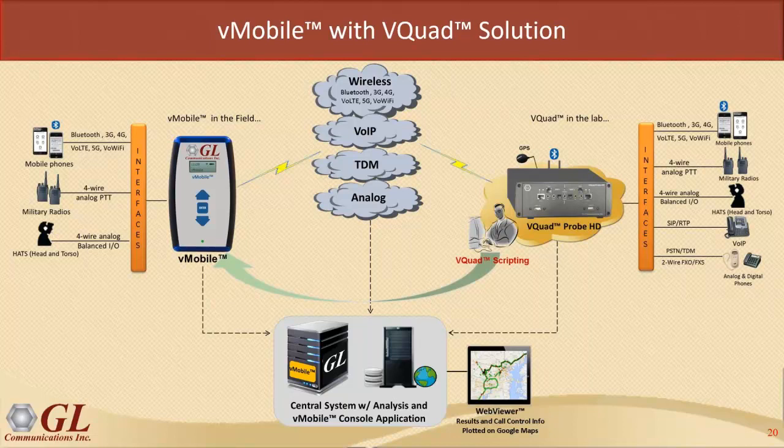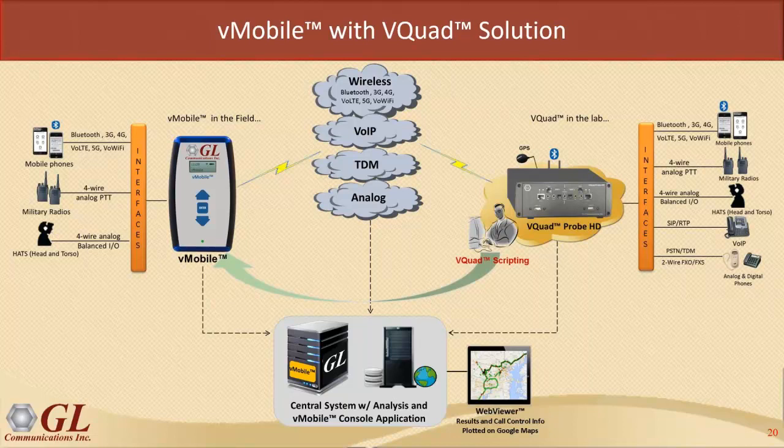Then at the other end, there could be the VQuad probe, which can connect to a lot of different types of devices. So in this case, we can go from mobile phone to two-wire analog, or mobile phone to VoIP, no problems.